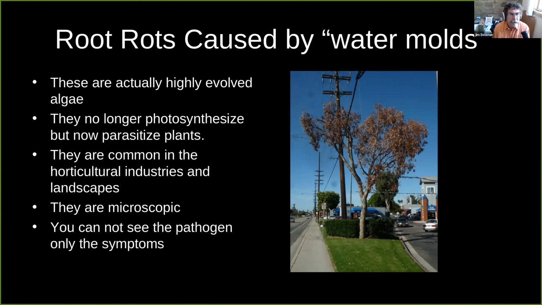They're highly evolved. They have no saprophytic ability. They're strictly parasites. And when they're not on or in a host, they reside as spores in soil. They're common in horticultural industries, especially nurseries and landscapes. They're microscopic. There are no signs and only symptoms.